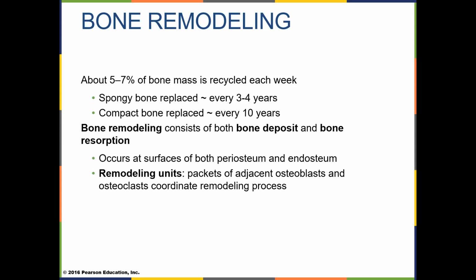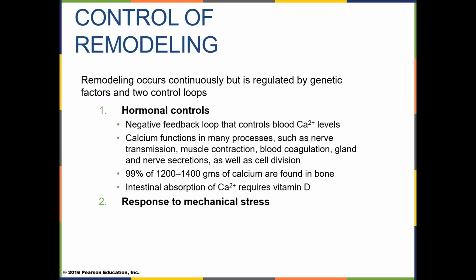Osteoblasts, the bone builders, work side by side with the osteoclasts. Now, the osteoclasts are large cells full of lysosomes, which will dissolve the bone and release the calcium. And they are simply going to slide across the surface of the bone.